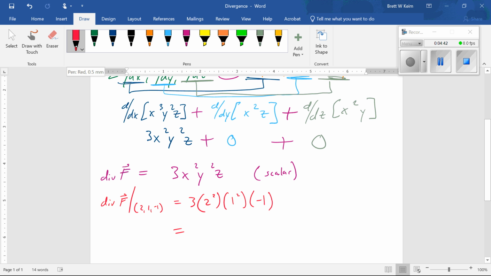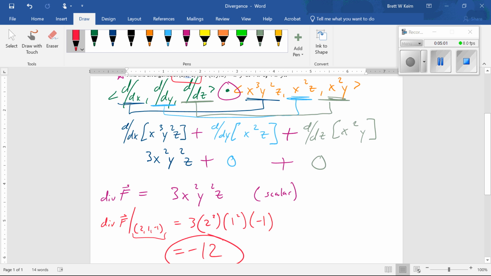That's 4 times a negative 1, that's negative 4 times 3, this is negative 12. And there we have our divergence. Of course, I could do this at any point on the vector field, and the only work that would change is this, and of course the end result would change. But that's how you find the divergence.